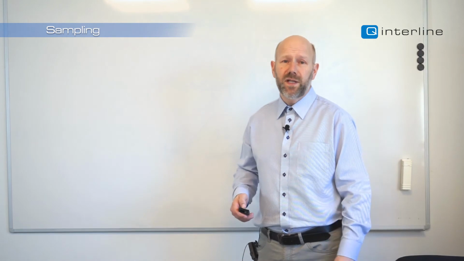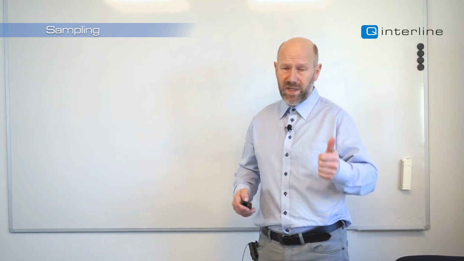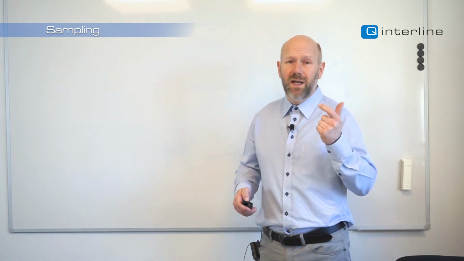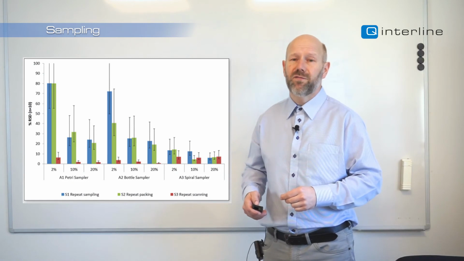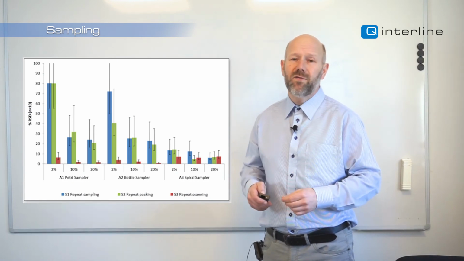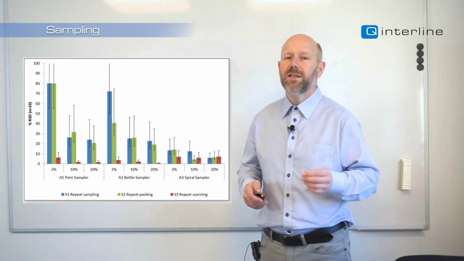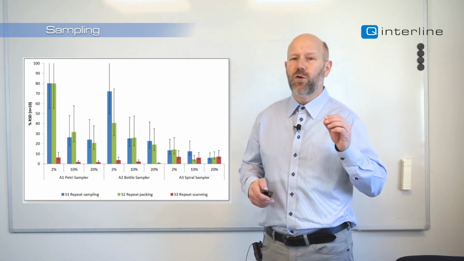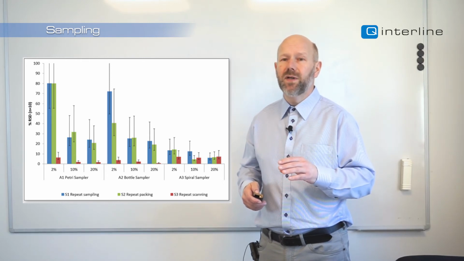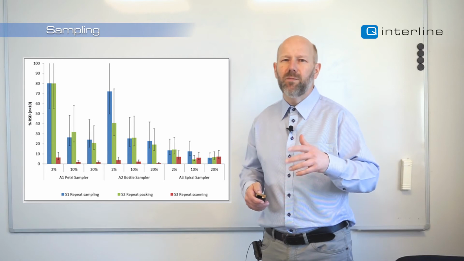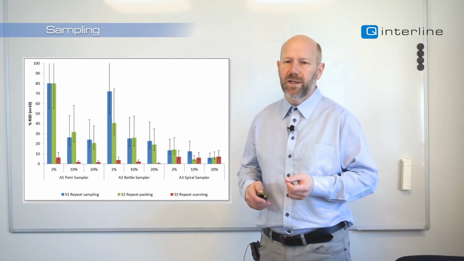The results of the prediction for the 3 different sampling scenarios, repeat sampling, repeat filling, and repeat scanning, are shown in this graph. What we see is that repeat sampling is quite difficult for the petri dish and the bottle, whereas the spiral sampler really doesn't care much what portion was taken out, because the area is so big.